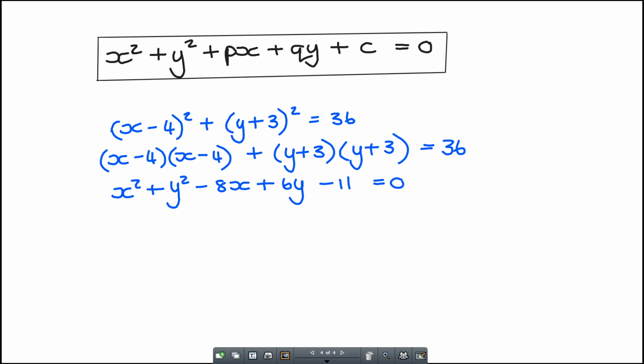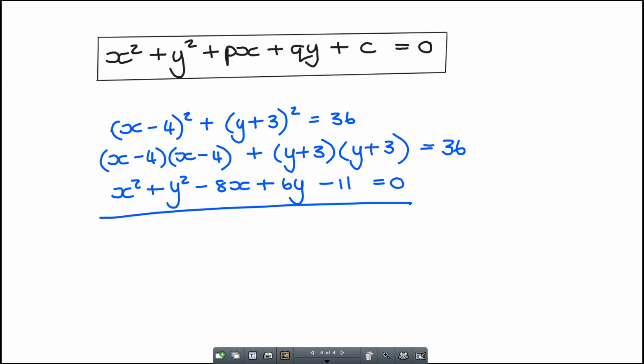So jy gaan nou net sien, over here, the terms are a bit shuffled around. Usually you would have had x squared minus 8x and then plus or minus a number. And then you'd have y squared plus 6y and then a number. But those numbers were simplified a bit more. En dit gaan nie verkeerd wees as jy dit in daai volgorde skryf nie. It's just you must be able to recognize the circle.